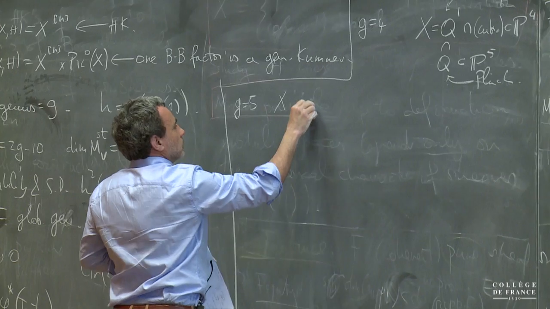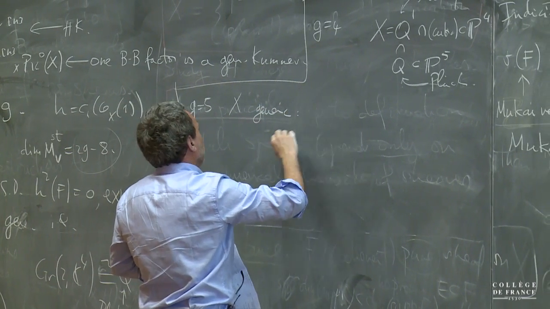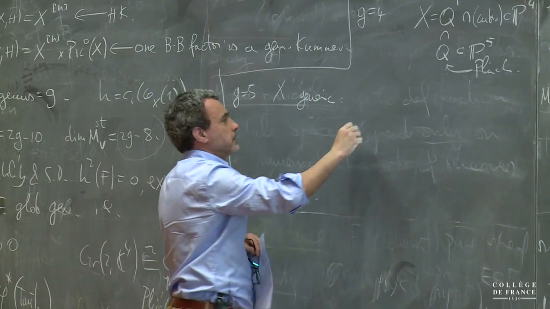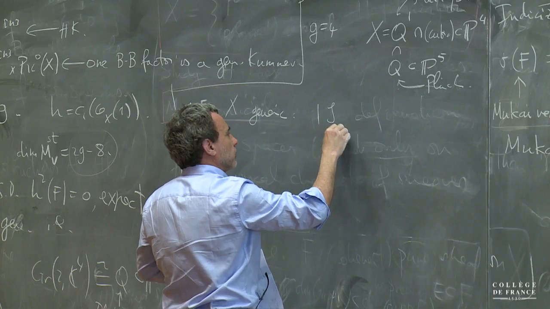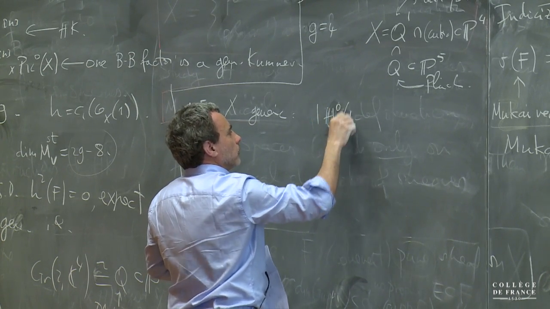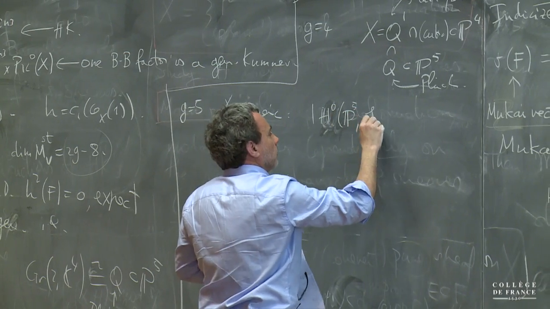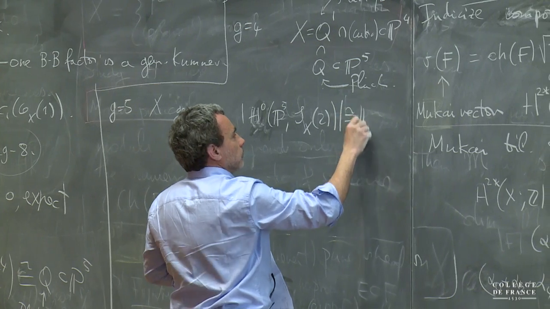Now, more interesting is G equal 5, X generic. It's always X generic. So then we have many quadrics containing it. And in fact, the ideal of quadrics containing it, this is a P2.